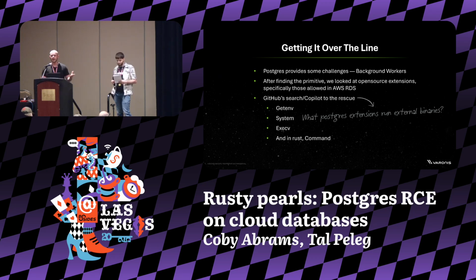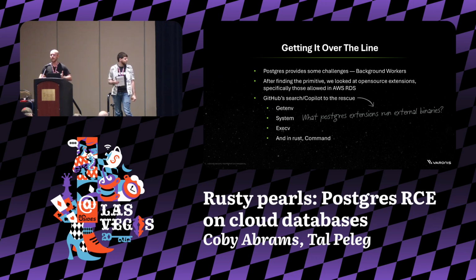So what we were really looking for is an extension that runs a binary directly without using this API. This is where GitHub Search and Copilot came to the rescue. We're looking for these in open source code, and we just looked for different functions that run binaries, so system or the execv family.